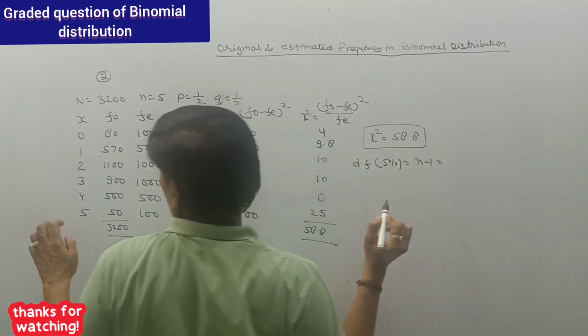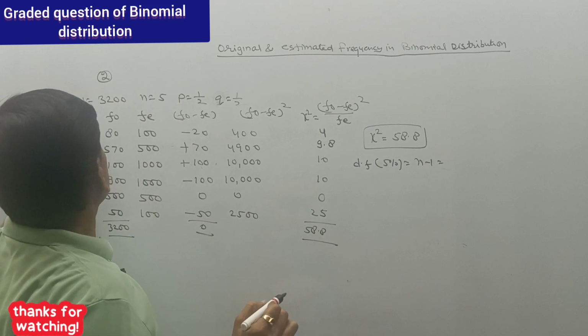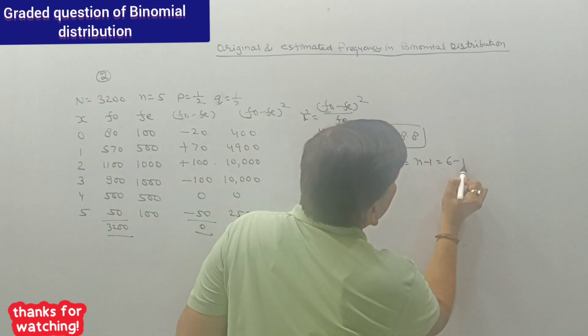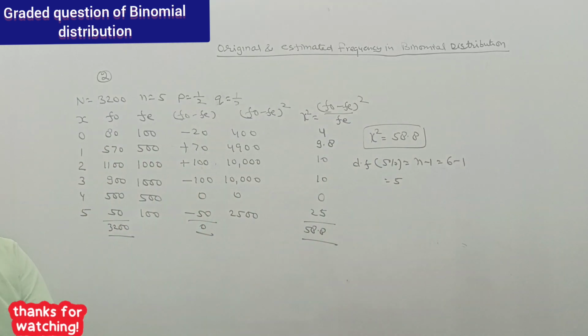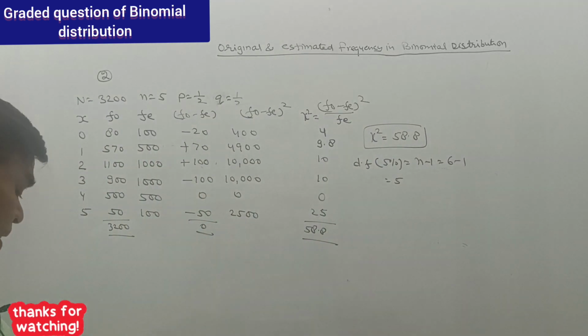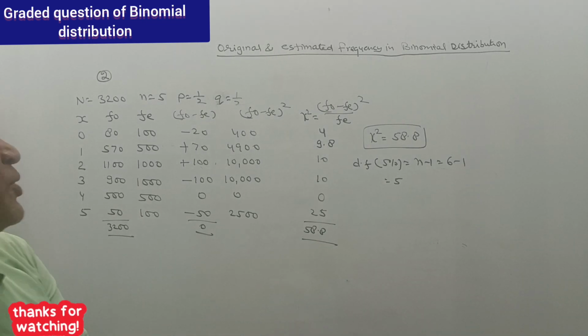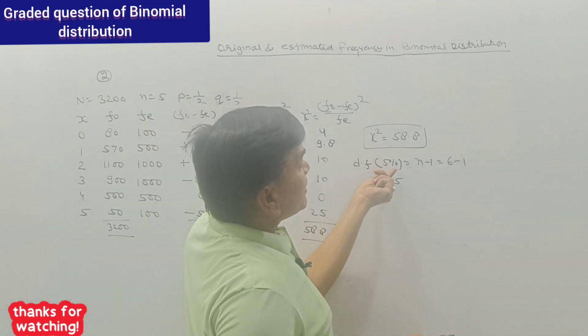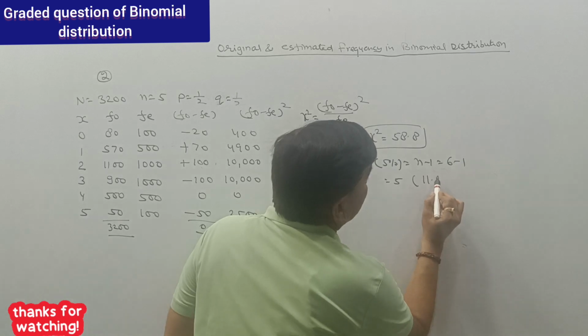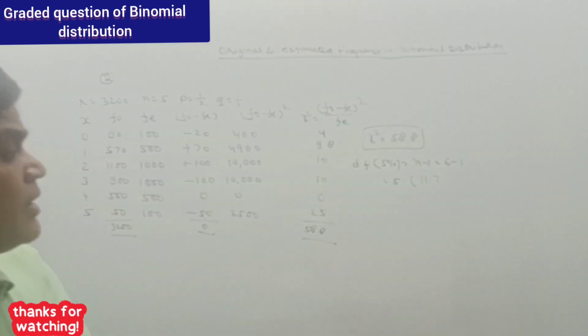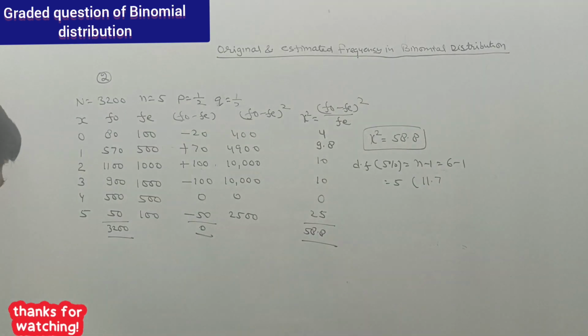Here n is 6, so 6 minus 1 is 5. At 5 we have to see the table value in the chi-square table, that is 11.07.